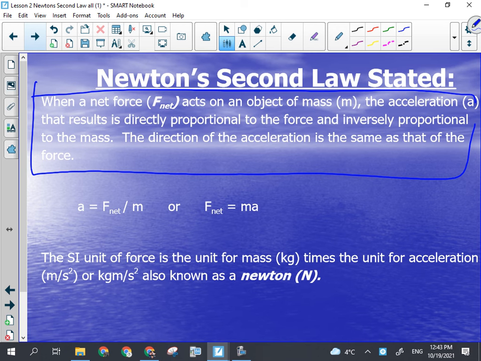The direction of the acceleration is the same as that of the force. So whatever the net force is, if it's to the right, that's the direction the acceleration goes. Acceleration and net force always have the same vector because one produces the other.